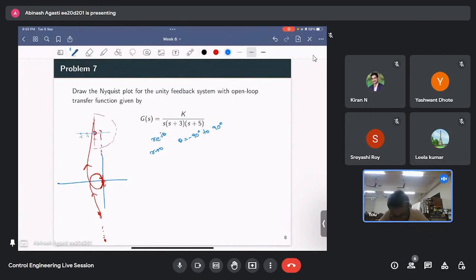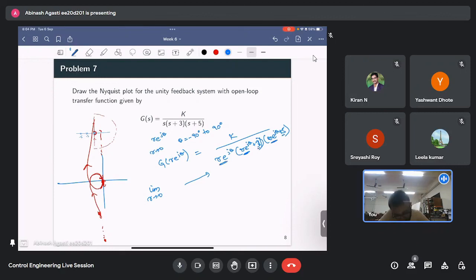Then when we substitute this, we have k by r e to the power j theta, times r e to the power j theta plus 3, times r e to the power j theta plus 5. Now we take the limit r goes to 0. These two terms will be dominated by 3 and 5. So all that will be remaining is this.